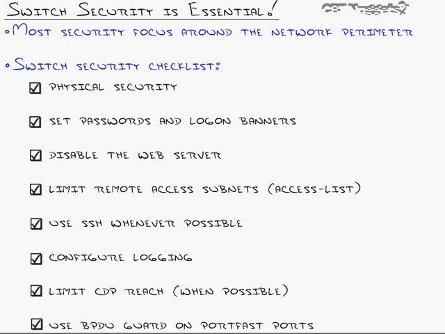All right. With that, let's turn back to switch security. Most of the focus in networks today, and I think I mentioned this at the beginning of this video, is on the network perimeter. Just about every article and magazine is all talking about internet security and how you need to protect your internal network from the internet.